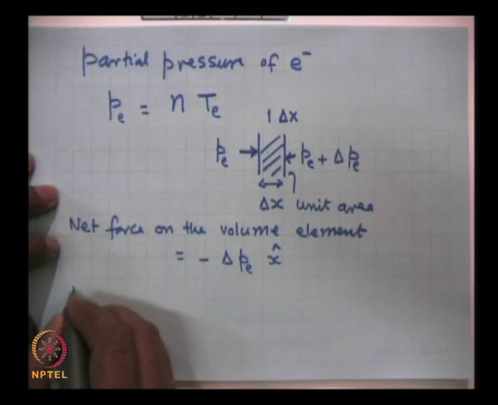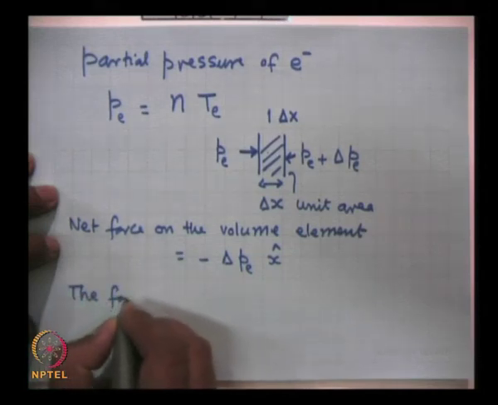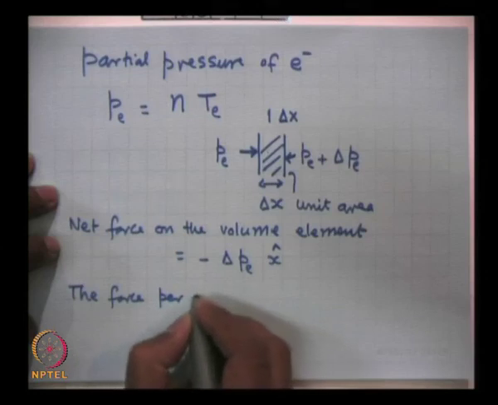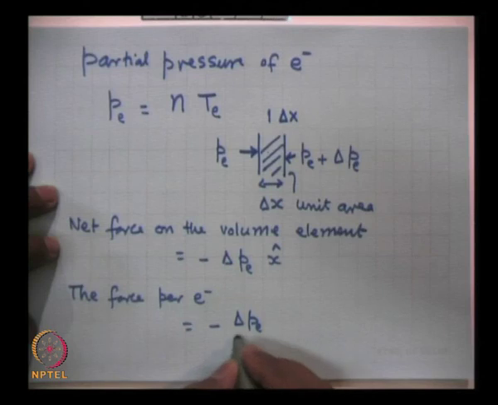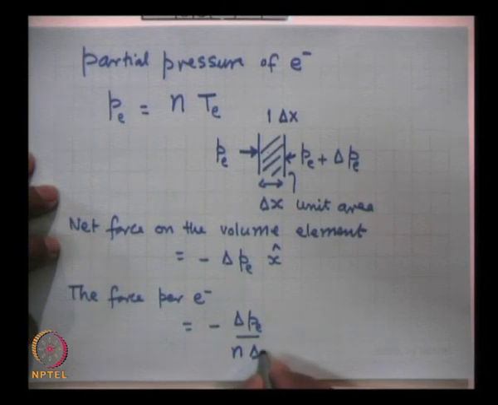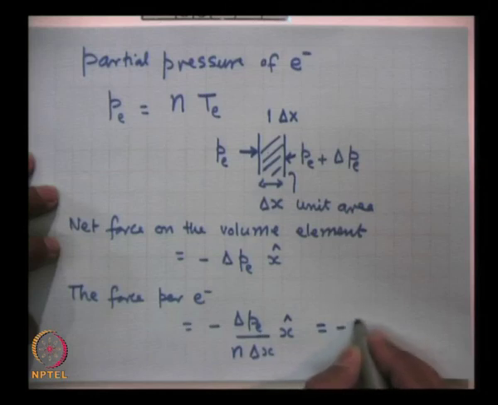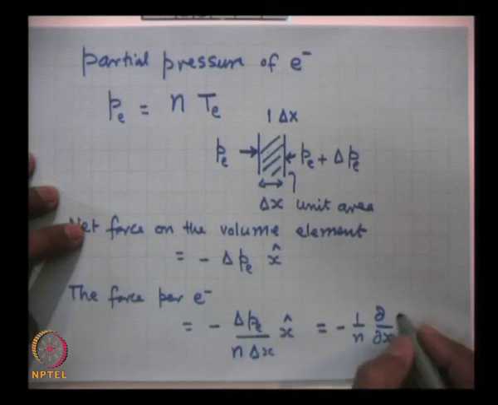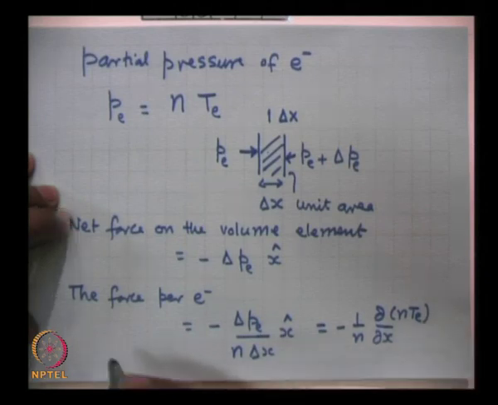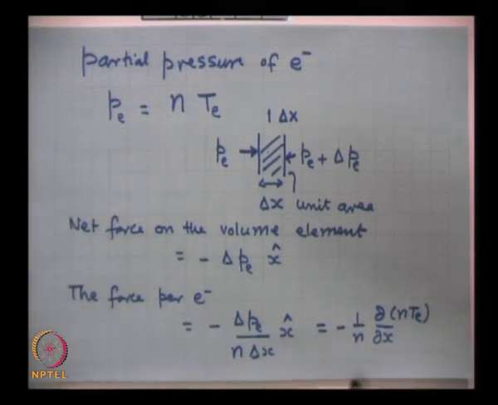So the force per electron would be minus delta Pe divided by the number of particles in this volume element, which is n times delta x, in the x direction. This is written as minus 1 upon n delta Pe by delta x, and Pe is n Te. So this is an expression for the pressure gradient force experienced by each electron.